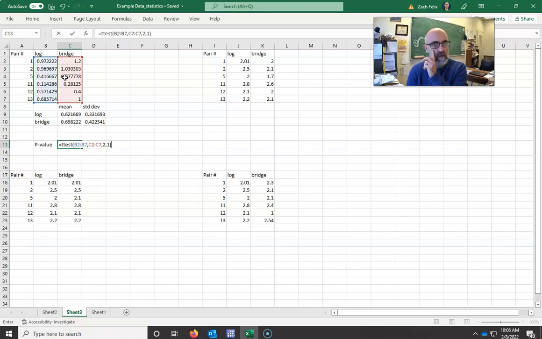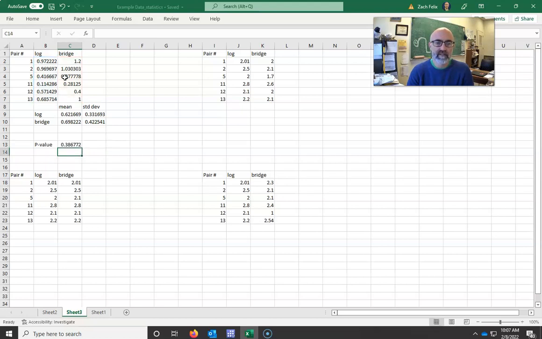If that number is less than or equal to 0.05, then we can be 95% confident that 0.69 is greater than 0.62. If the p-value is above 0.05, so if it's 0.06, then the difference between 0.62 and 0.69 is not different than random, and we cannot say there's a difference.